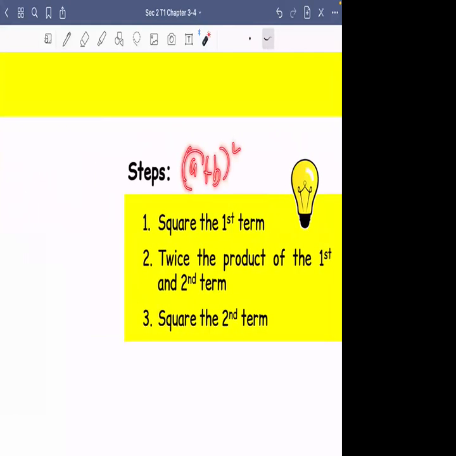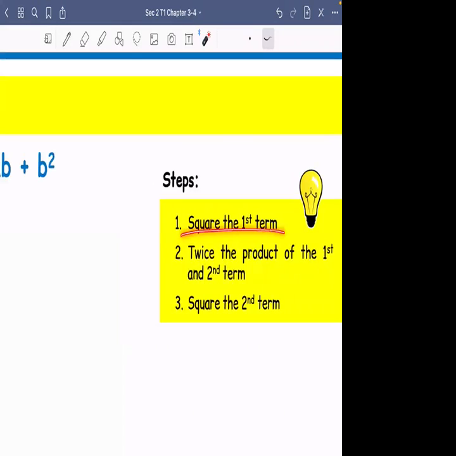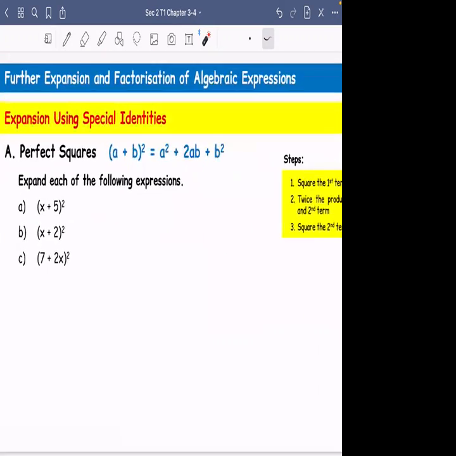There are always two terms inside the brackets, and then we have this square, or raised to the second power. The first step is to square the first term. Second is twice, always twice the product of the first and the second term. And the third one is to square the second term. So let's apply this. Let's have some examples here.